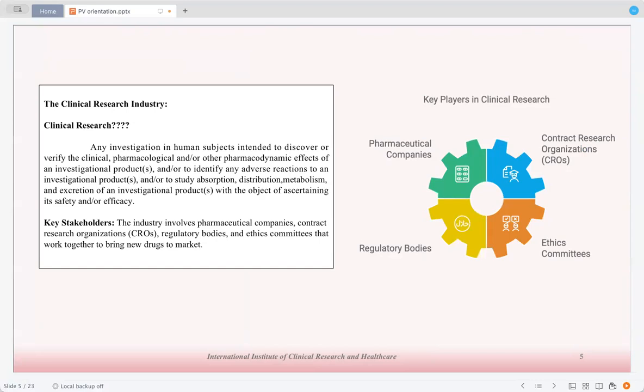That is, any investigation in human subjects with an investigational product to find out the pharmacodynamic and pharmacokinetic activity of that product, with the object of ascertaining its safety and efficacy. The key stakeholders in clinical research are pharmaceutical companies, contract research organizations, ethics committees, and regulatory bodies. They all work together to bring new drugs to market.